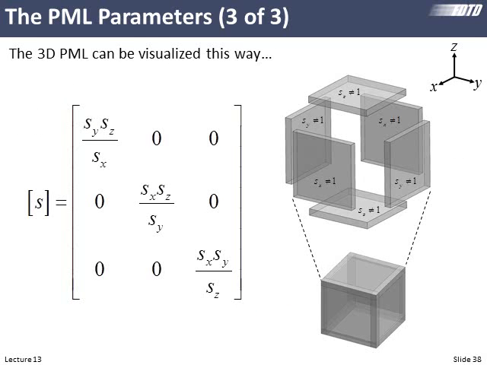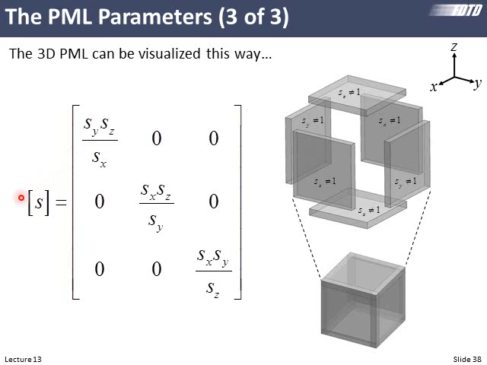And here's another visualization of it. A 3-dimensional grid might look something like a cube, and you notice these PML regions actually overlap in the corners. But if we visually separate them, in the problem space, outside of the PML, all of these S terms will just be 1s.